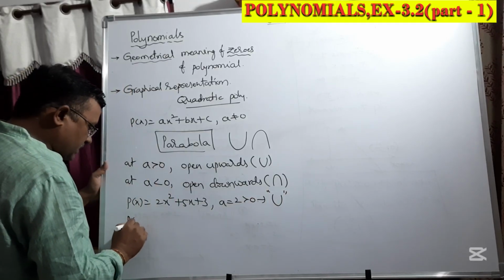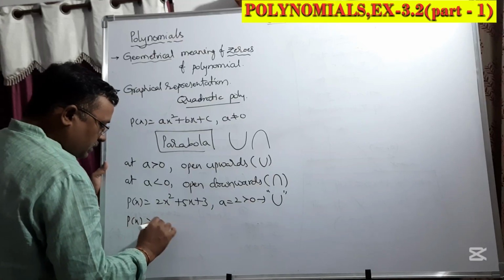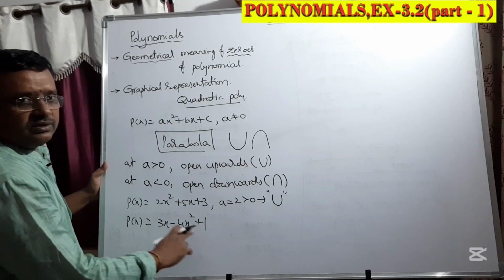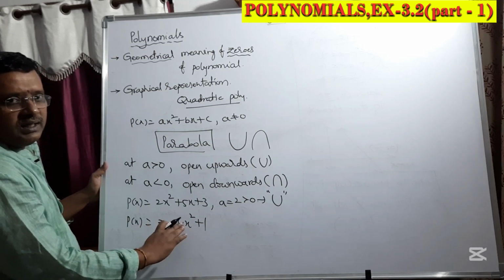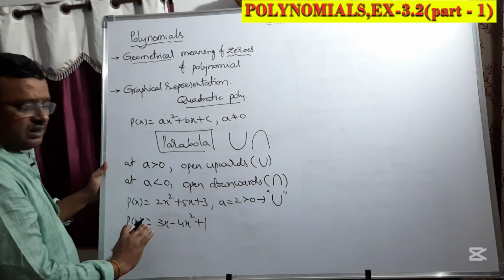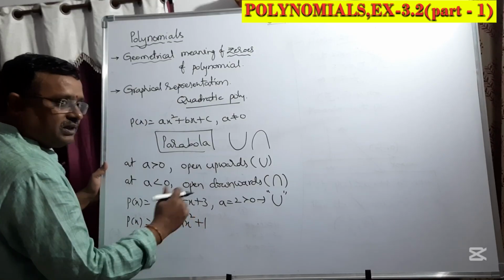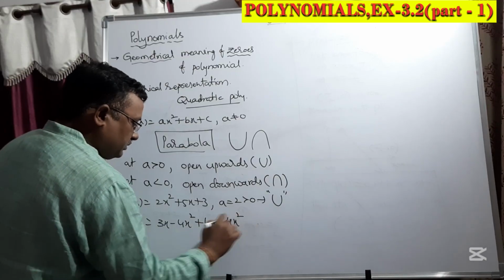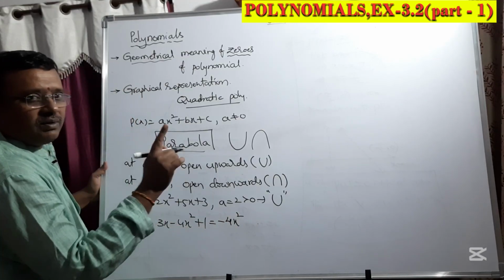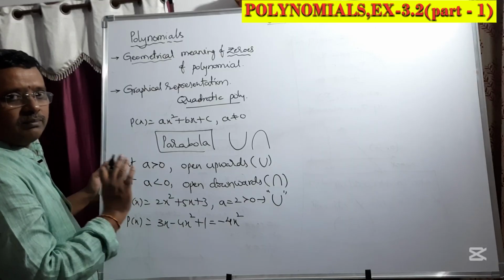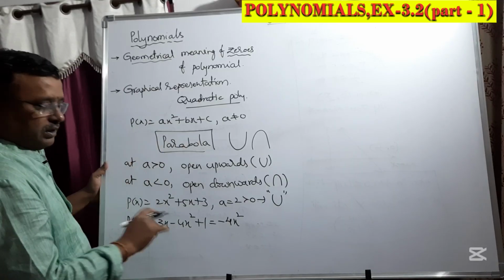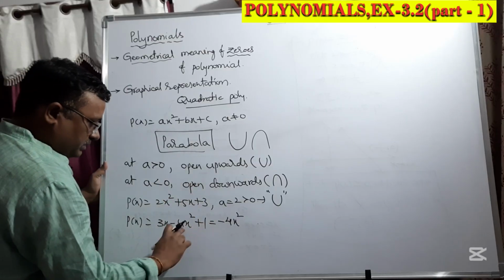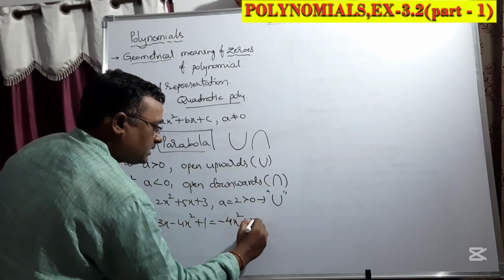Whereas p of x equals 3x minus 4x square plus 1, in this you see a polynomial, but it is not in order. First rewrite it in the proper order, because the highest power of the variable should be at the beginning, as that represents the degree of the polynomial. So it is minus 4x square plus 3x plus 1.